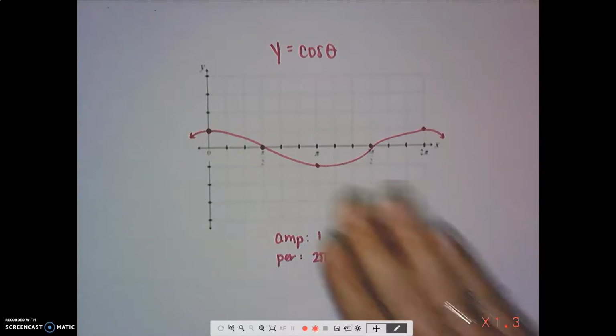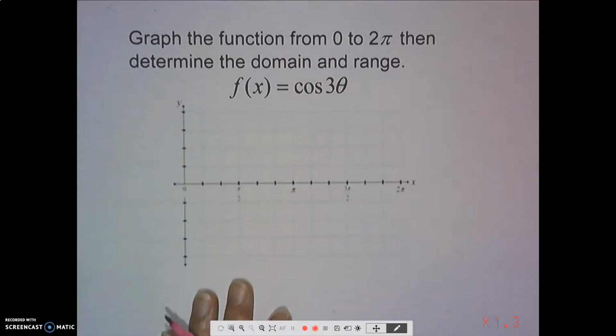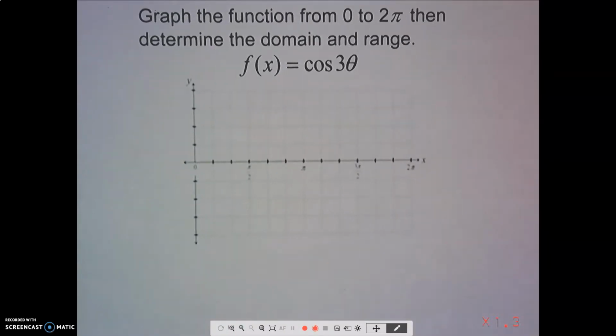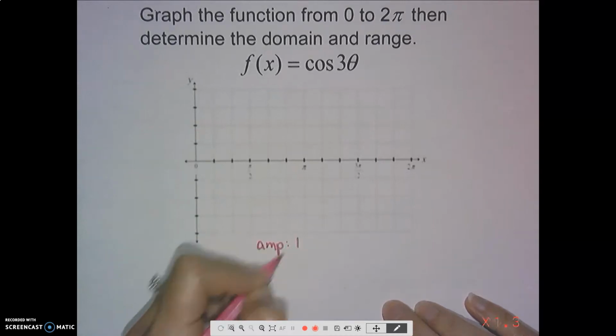All right, so let's take a look at just a couple of cosine curves here. So we have f of x equals cosine of 3 theta. So think to yourself, how many cosine curves should happen before we get to 2 pi? There should be 3 of them, okay? So our amplitude here is still 1.